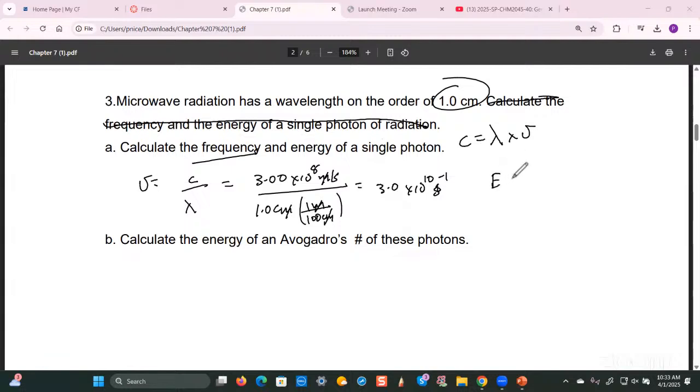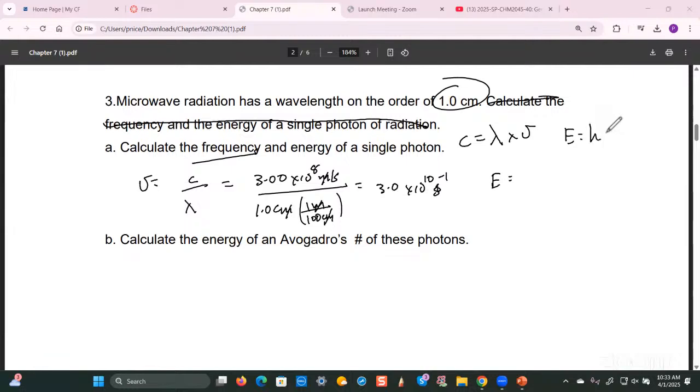How about the energy? What's the formula that you use to calculate the energy? What's the formula that I introduced to you just now to calculate the energy? E is equal to? Negative RH. No, not that one.